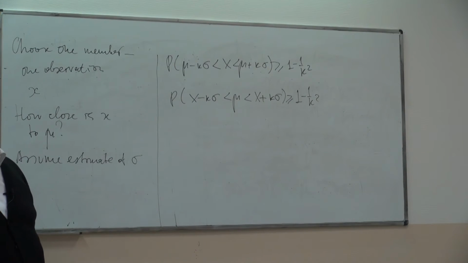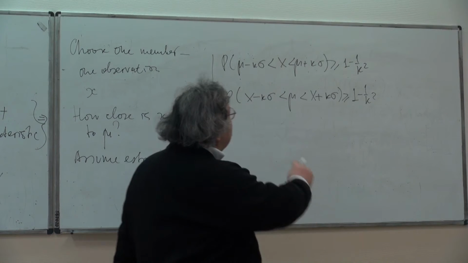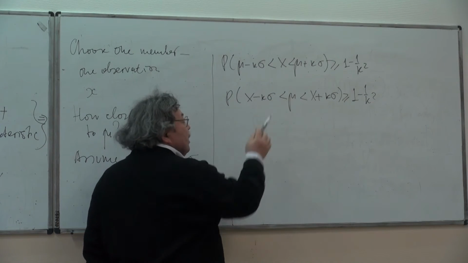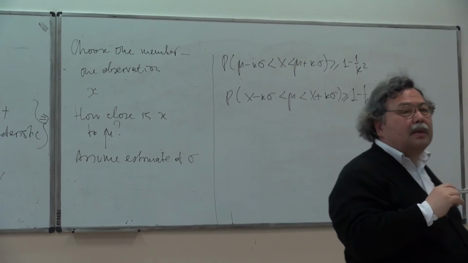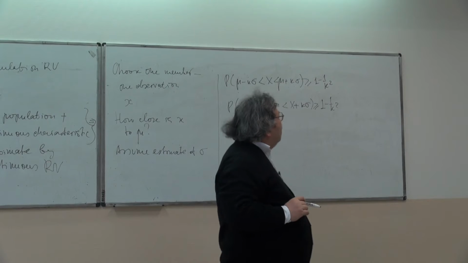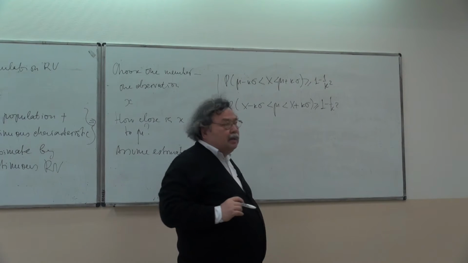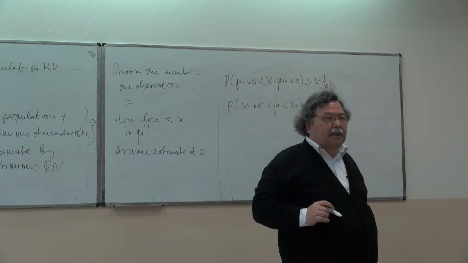Technically, it's the same inequality. We just rearranged the terms here, performing some subtractions and additions to the different sides of the inequality. So technically, it's the same inequality, but it can be easily misinterpreted.